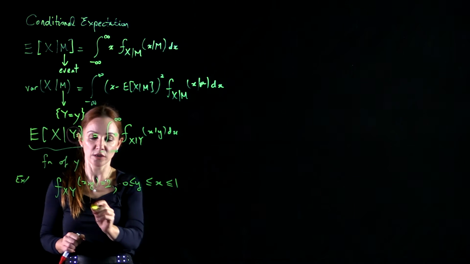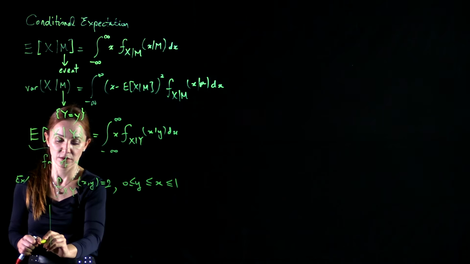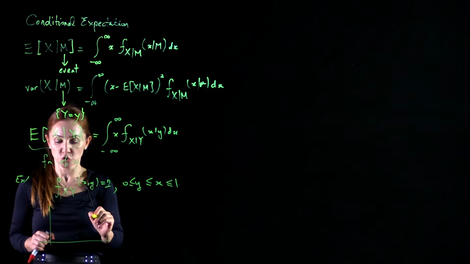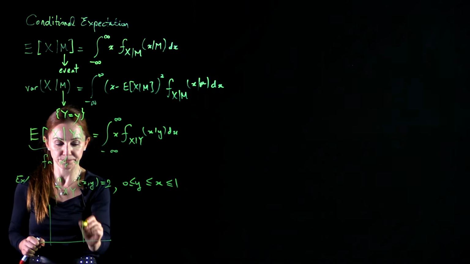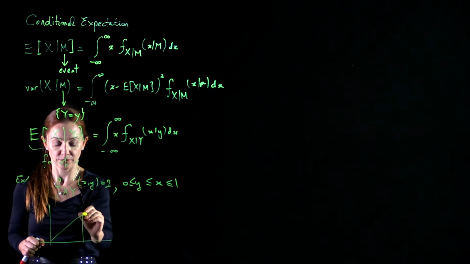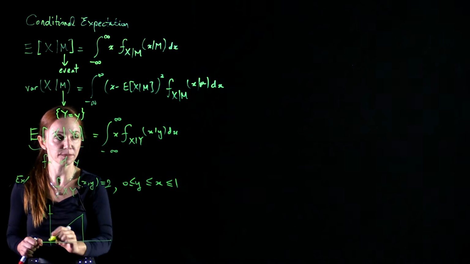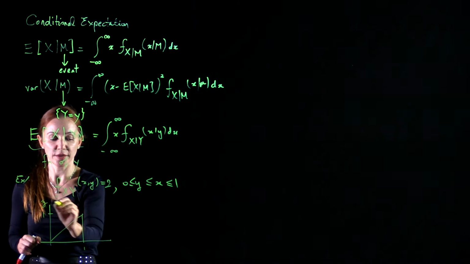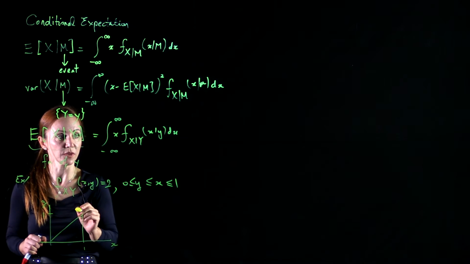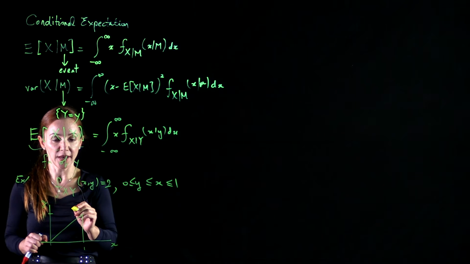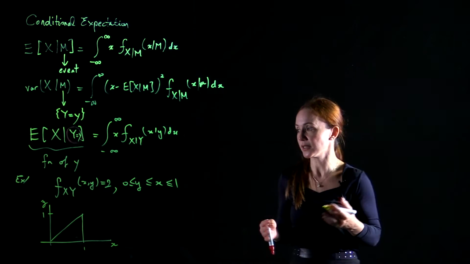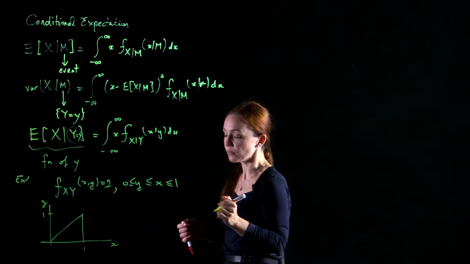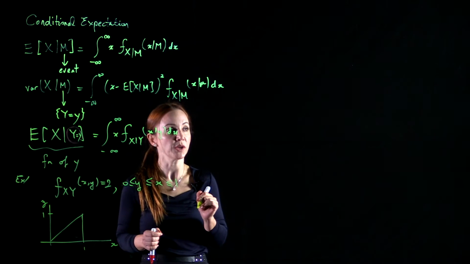So they are jointly distributed in this triangle that lives between 0 and 1. This is y, this is x. And we are asked to compute the expectation of x given y. What do we do in this situation?